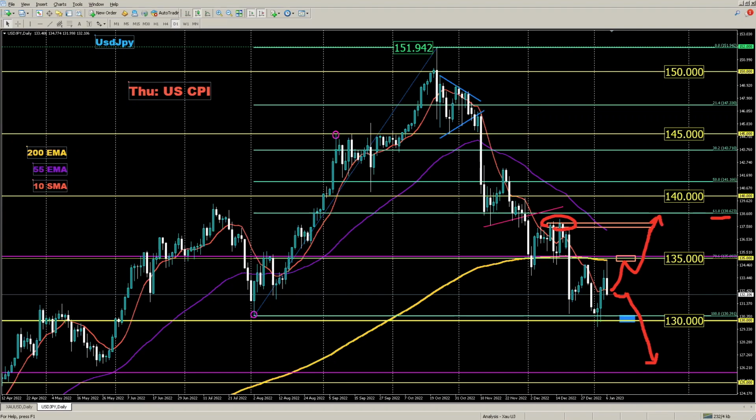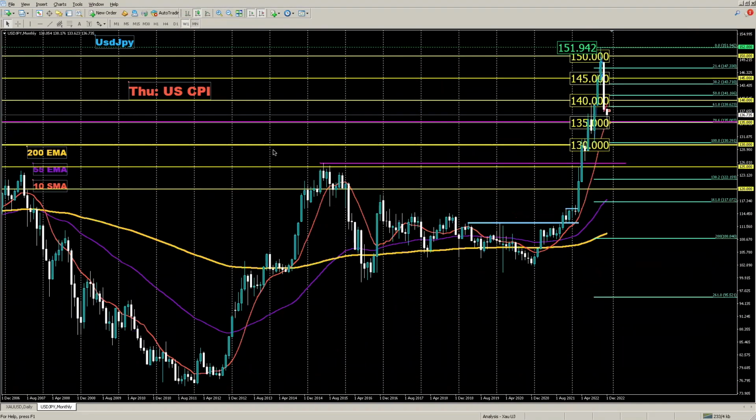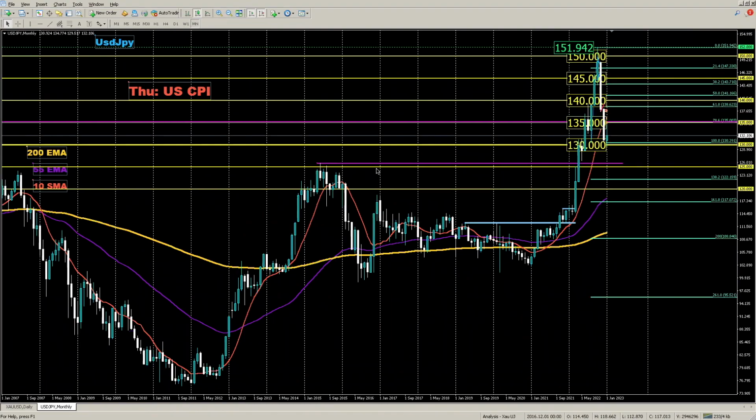Let's take a look at this longer term trend line from a previous swing high where it broke out from. And that's at 125.85.